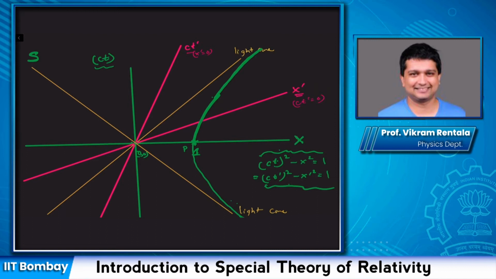In particular, along the x prime axis, which is this pink axis over here, since t prime is 0, this point of intersection, which we will call P prime, would correspond to x prime being 1 unit distance. So this would correspond to the point x prime is 1.